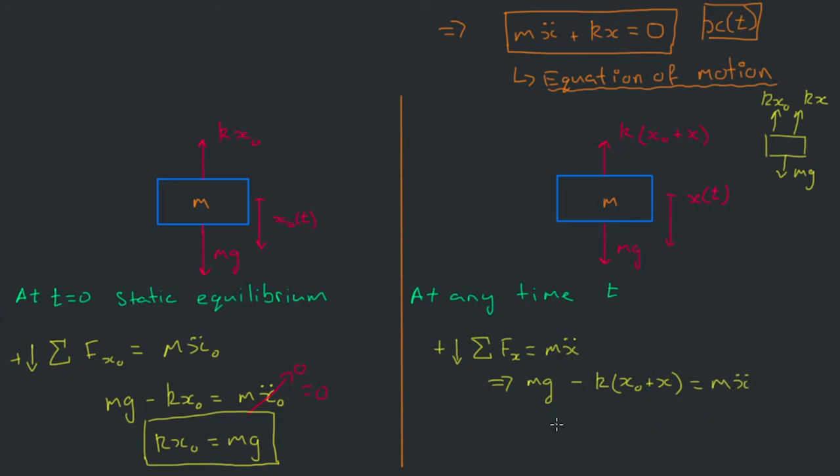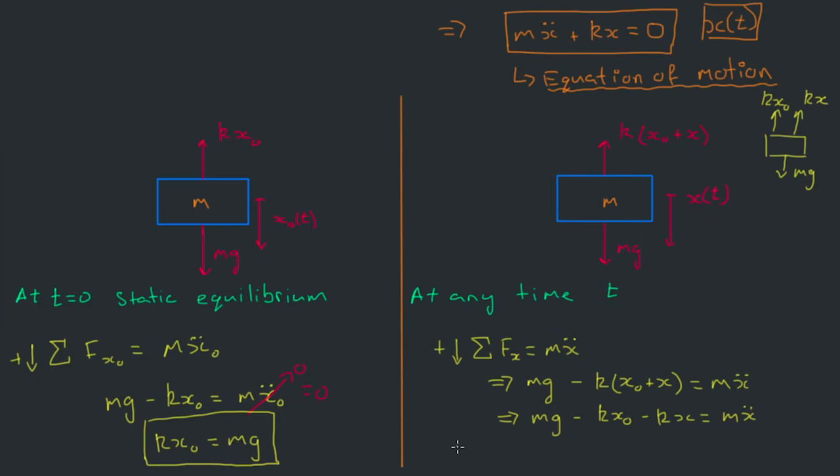So we come over to this side and we see, hold on, k x0 is equal to mg. So let's just expand this out. mg minus k x0 minus, just multiplying the k through, kx is equal to m x double dot.